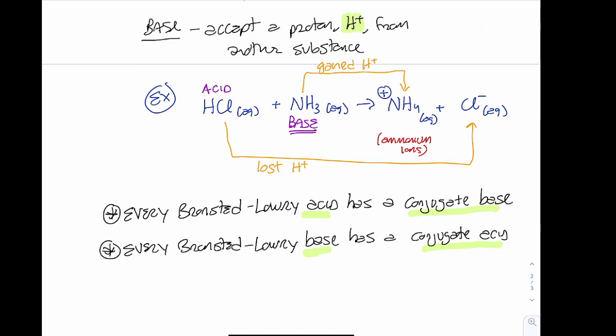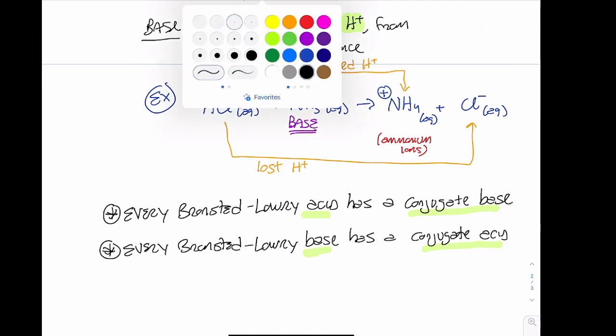So every Bronsted-Lowry acid-base pair only differ by one proton and one proton only. If they differ by more than one proton, they're not conjugate acid-base pairs anymore.